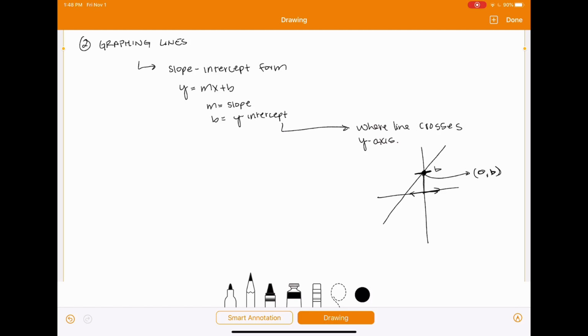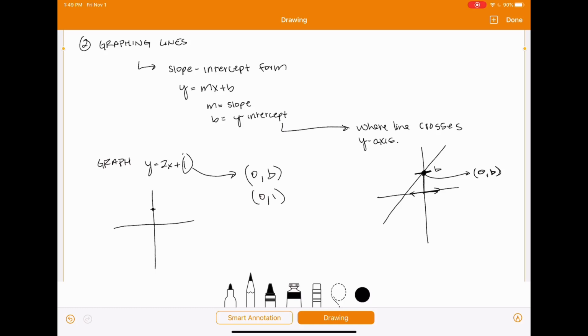So if we have an example here, if we want to graph y equals 2x plus 1, we can go ahead and start by plotting our y-intercept. So again, we're going to take this value and plot it at (0, b). So that's going to be (0, 1) in this case.